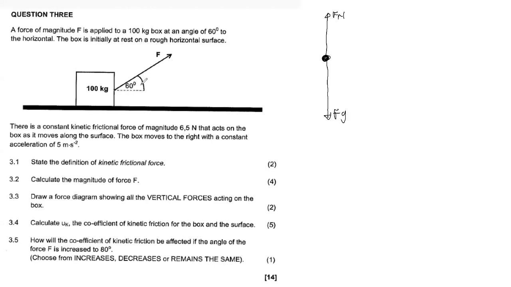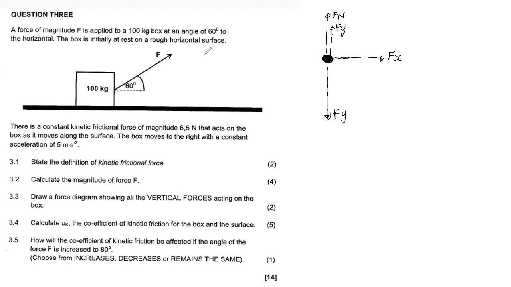But note that our force is being applied at an angle, so it is being pulled at an angle. So we can resolve this into components: here we will have our Fx, which is the horizontal component, and up here we will have our vertical component, Fy.